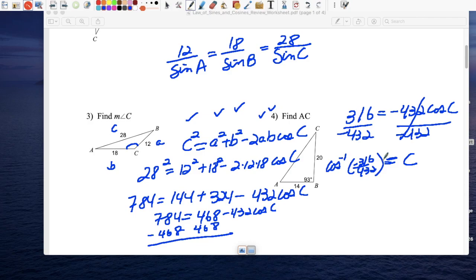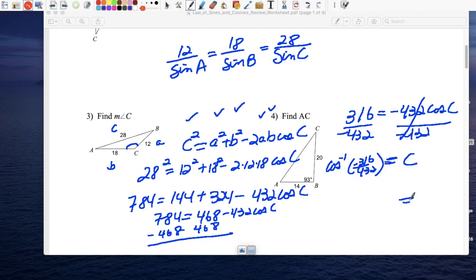Let's put that in the calculator. So second function, inverse cosine, it's number 5 in the calculator. I'm going to put a fraction, and it's going to be negative 316 over 432. Enter.